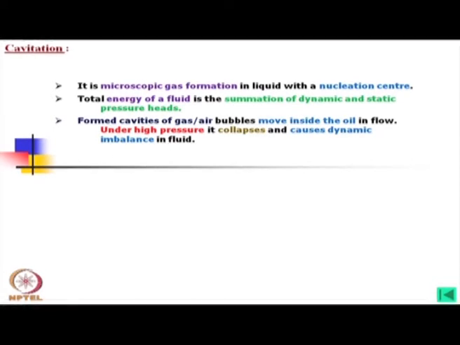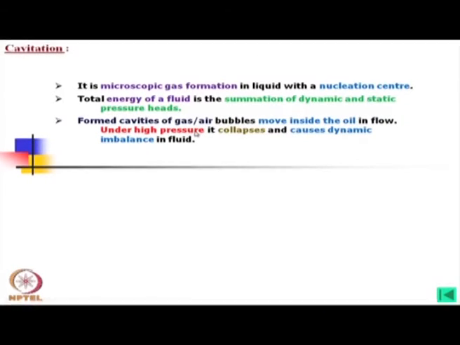Two things will happen. One is the dynamic imbalance in the fluid. What is it? Immediately there will be some change in the fluid property when that bubble collapses inside the oil. Say, for example, we are using a servo mechanism for controlling some motion or position.